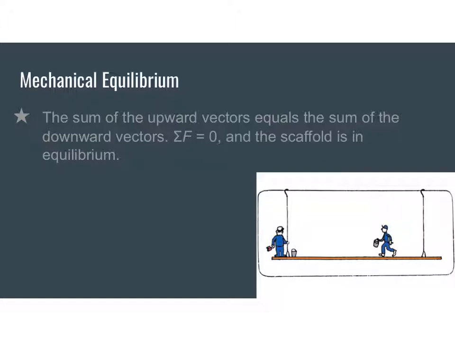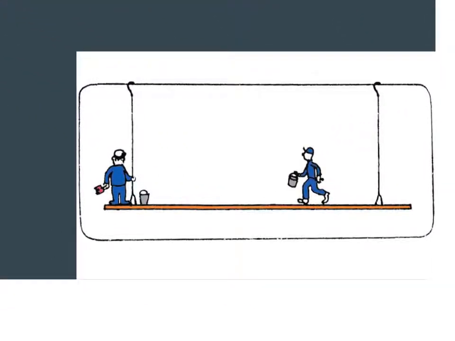So in something like this, we have a couple of different forces in play, and hopefully for our gentleman hanging on our plank, the system is in mechanical equilibrium. We have a couple of upward forces, which in this case are strings, so those would be tension forces.